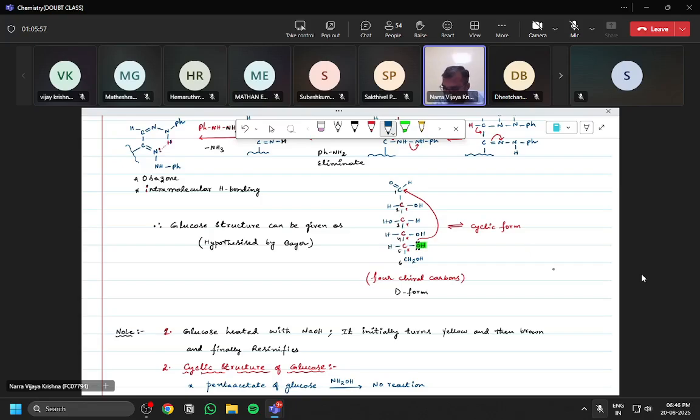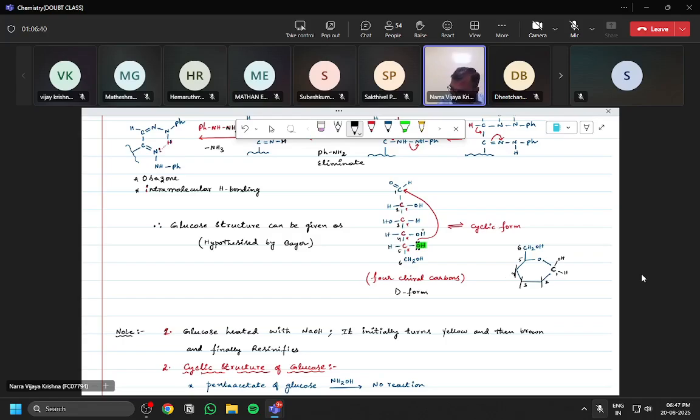This is that carbon: first carbon, second, third, fourth, fifth, and this is the sixth carbon. Are you able to understand, sir? When this oxygen donated a lone pair to the first carbon, I am writing that first carbon here. There is a bond between carbon, oxygen, and this carbon, and here it converts into an OH group. The remaining carbons have H, OH, H, OH, H, OH. This is the cyclic form obtained.